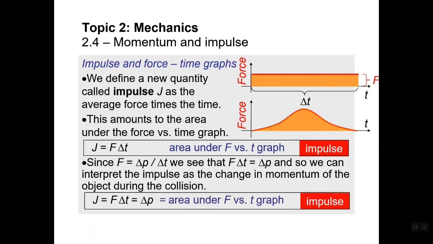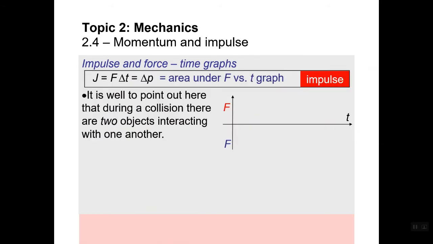So we have our expression. Impulse equals force times time, which equals change in momentum. And if a force versus time graph is given, the area under the graph is impulse. It's worth pointing out that during the collision, there are two objects interacting with one another.